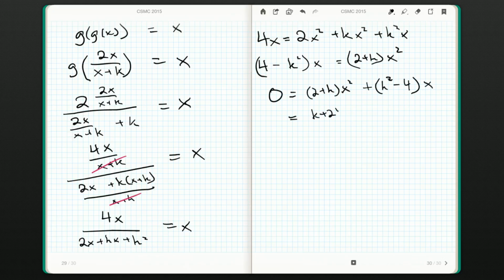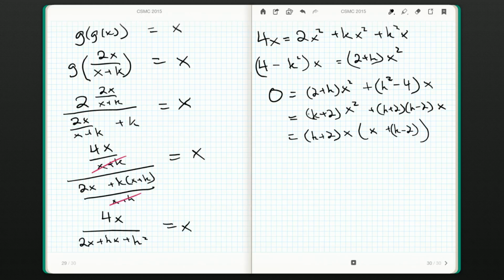So I'll write this one as 2 plus k times x squared plus, now we've got k plus 2, there's k plus 2 up there, k plus 2 here, and then we've got k minus 2, we've got x. So I can take out a k plus 2, I can take out an x, and then I'm left with x plus k minus 2. Okay, and this has got to be 0 for all values of x.